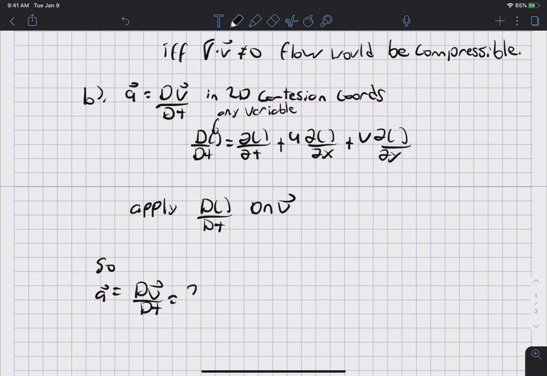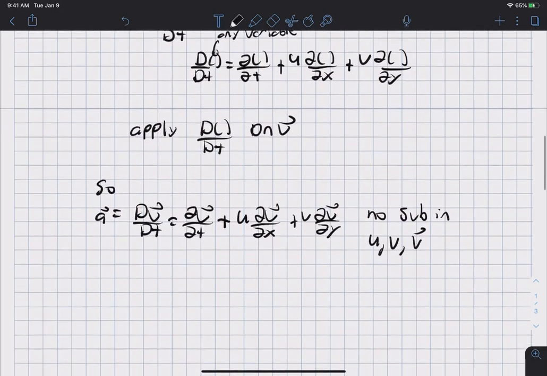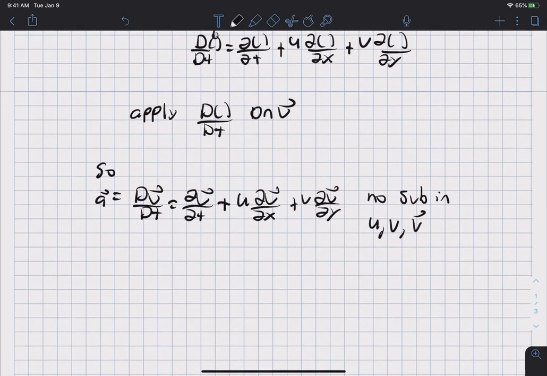That equals partial v partial t plus u partial v partial x plus v partial v partial y. And now we substitute in the expressions for u, v, and the velocity vector. Okay. So we substitute them in, and this is going to be a bit lengthy here, and I apologize for that. That's just the way it is.